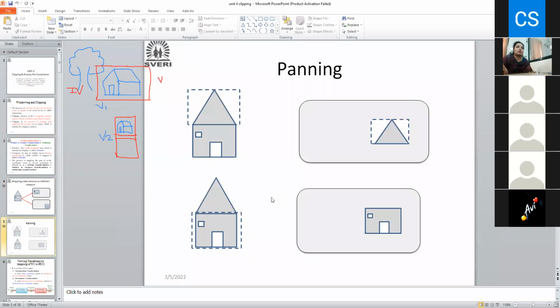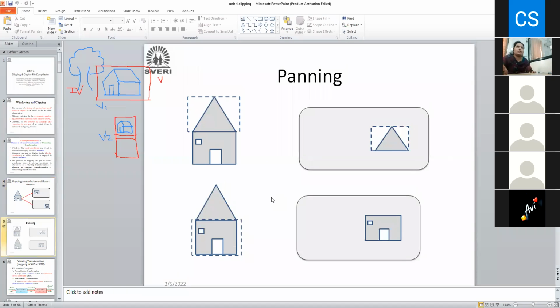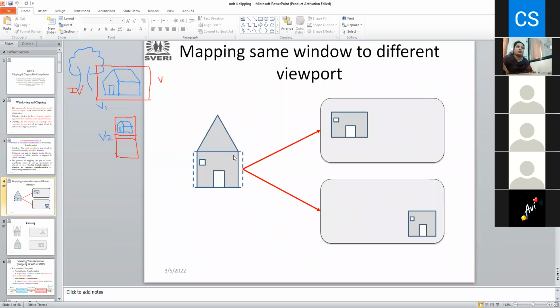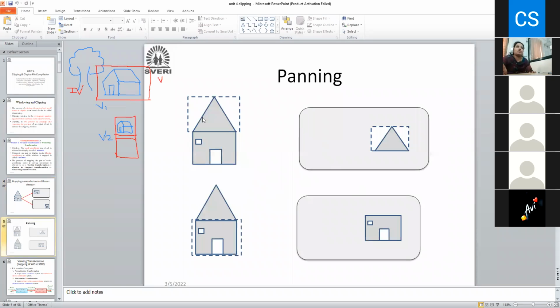Then the next concept is panning. We have seen in mapping, the same image is used to represent it on different viewports. And in panning, we have two different windows that are mapped on two different viewports.